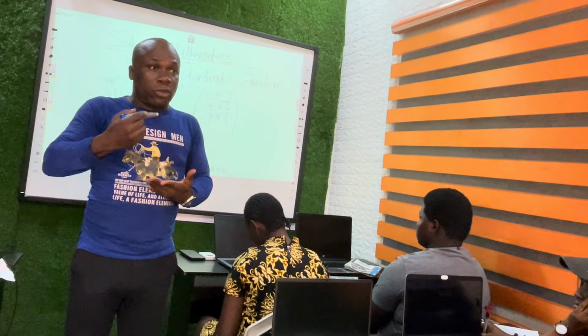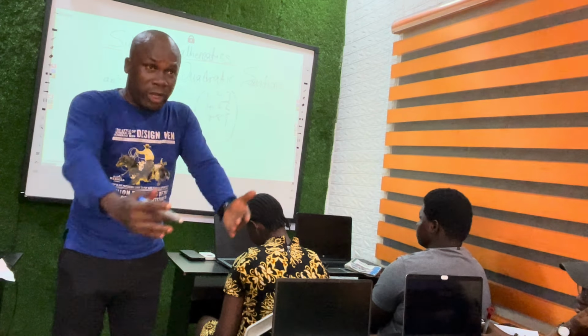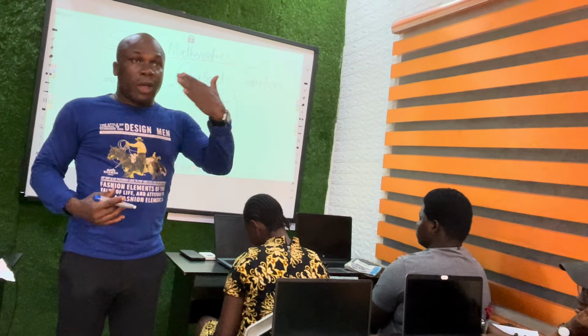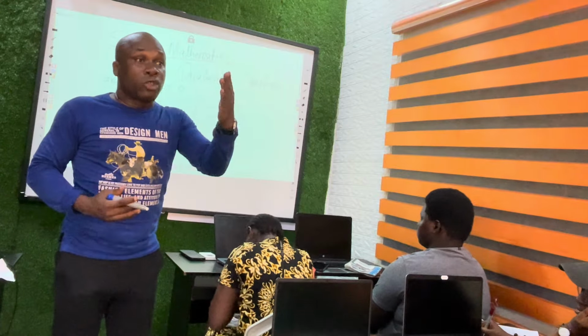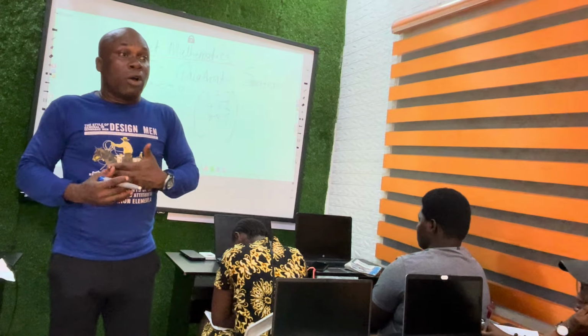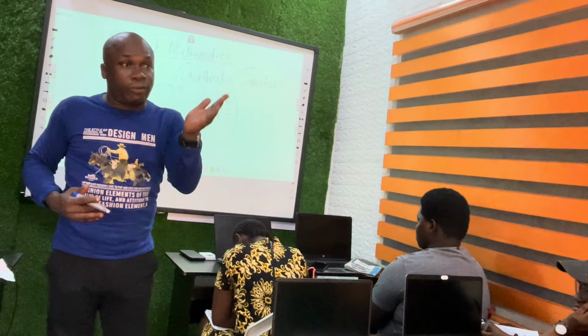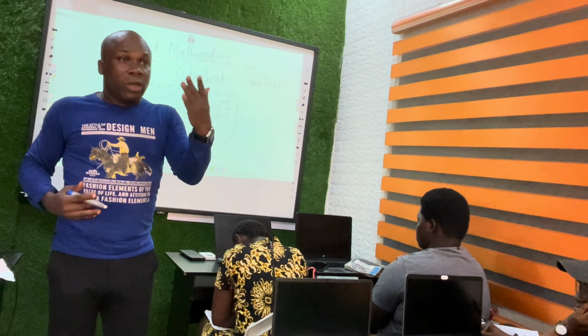I'm just trying to brief you on what we're going to do next after the break. After the types of matrices, how you name a matrix: 2 by 3, 3 by 3, 3 by 2.